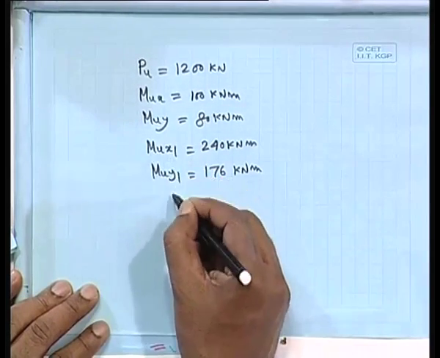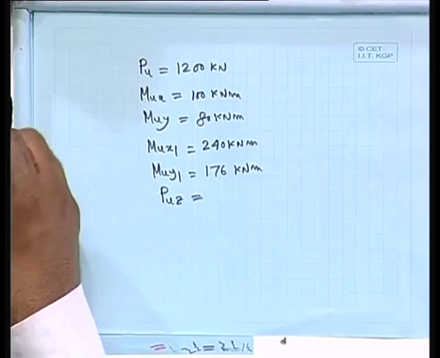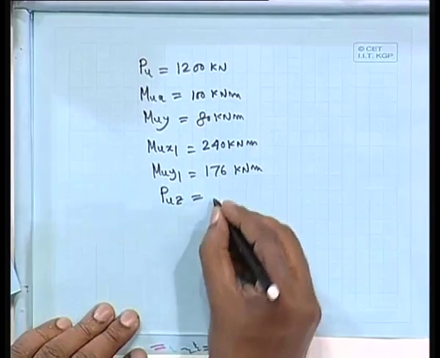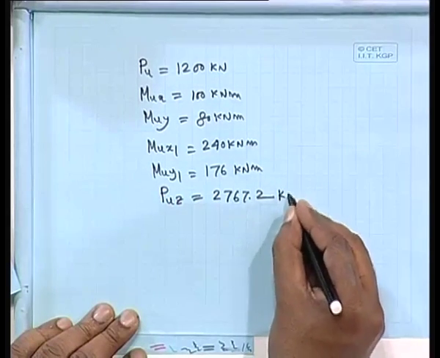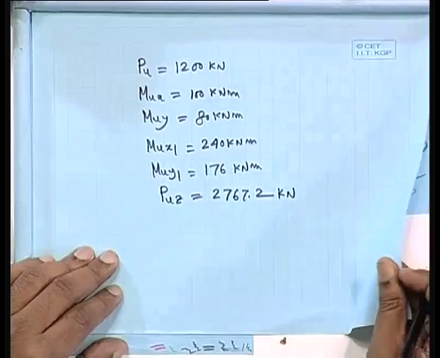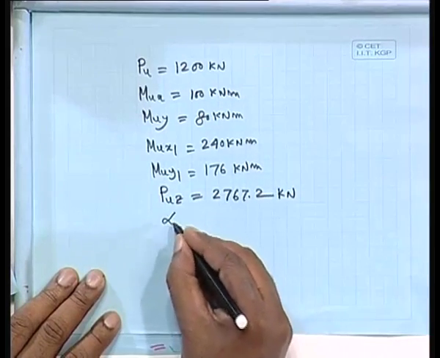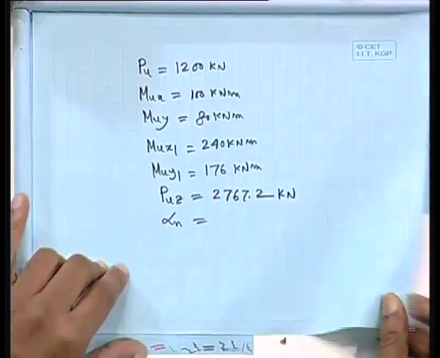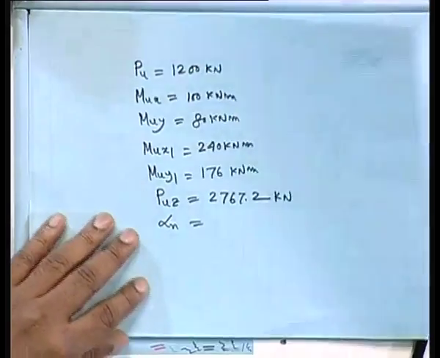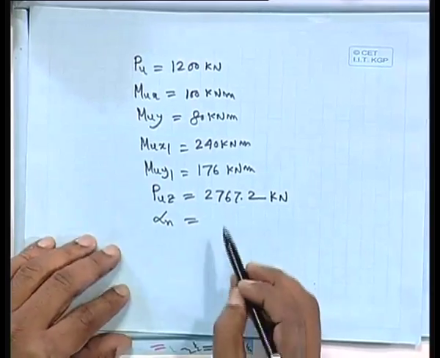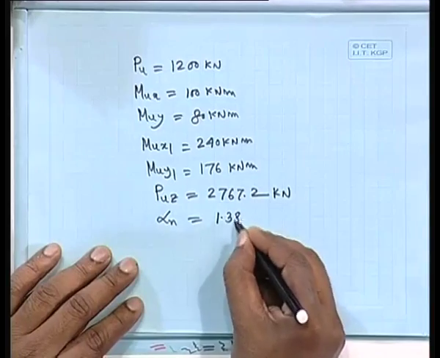Okay, MUX1, MUY1 and PUZ 2767.2 kilonewton. And alpha n computed equal to 1.388.